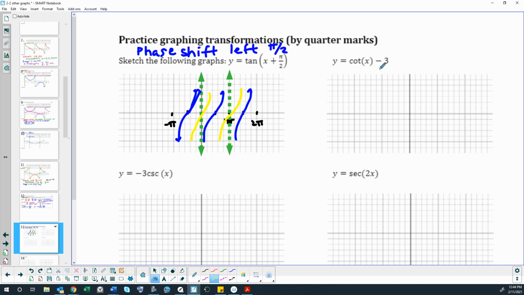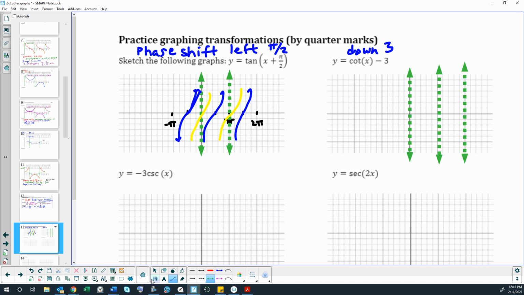Okay, this one, the cotangent, we're just going to move that one down 3. Down 3. All right, go ahead and put my asymptotes in. So for cotangent, the asymptotes are where tangent is 0, so that happens at 0 and at pi and at 2 pi.